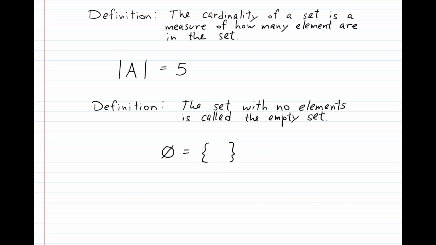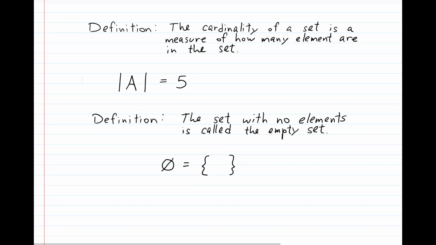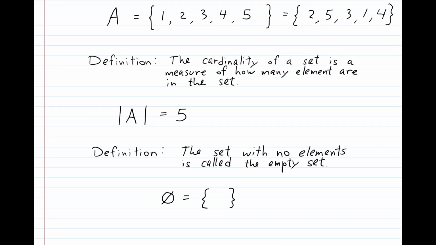Or, I'm not going to object if you draw a 0 with a line through it. That's also considered a correct symbol for the empty set. I just don't like it as much. I like the circle with the line through it. We don't need to get into why that is, okay? It's just personal preference.